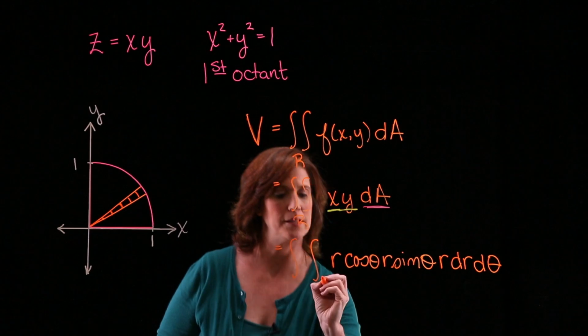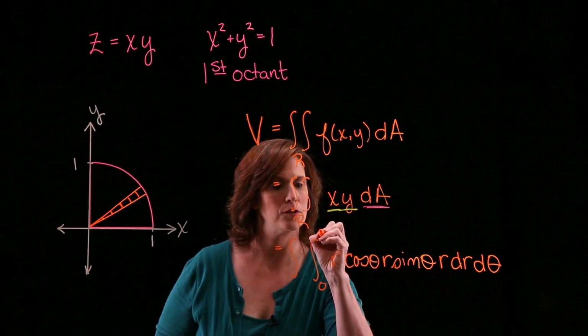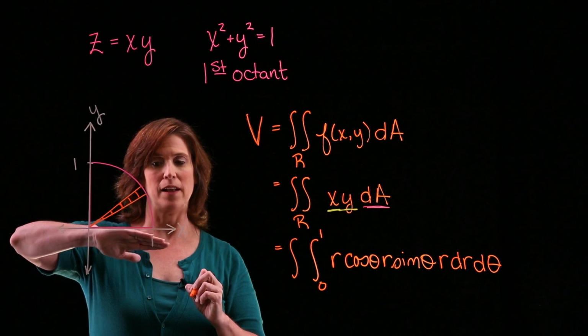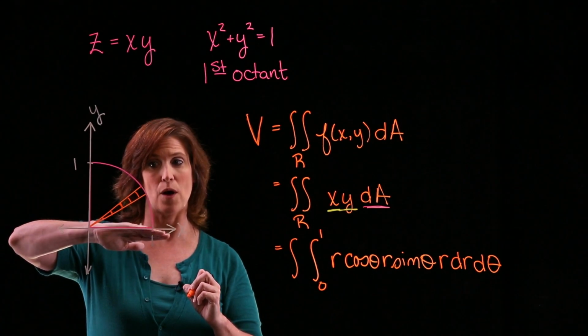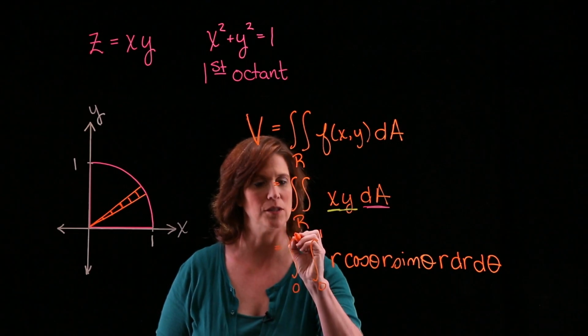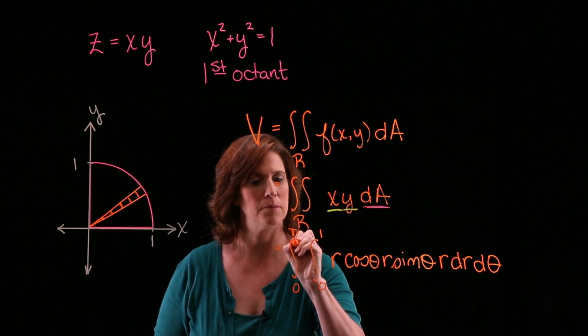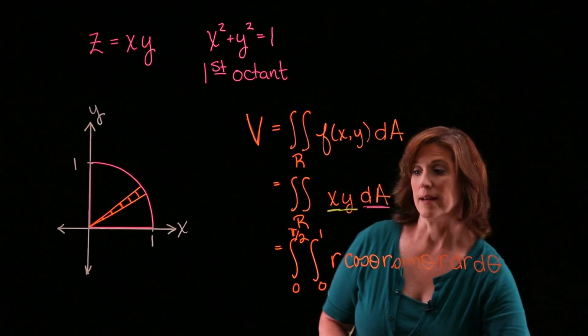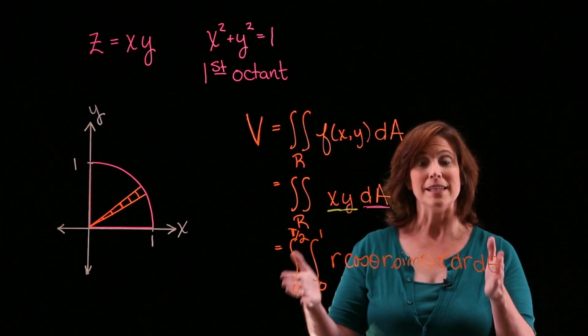So those inside limits of integration will be from 0 to 1. And then as I build up all these representative elements, I'll be going from angle 0 to pi over 2. So my outside limits of integration will be from 0 to pi divided by 2. All right, my integral is now set up.